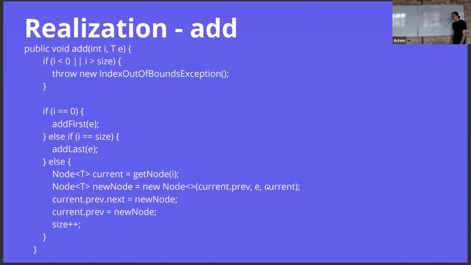And what does it mean? No, the current is 0. Yeah, current is this one. So next will have a reference to this element. Okay. So what is current prev next?